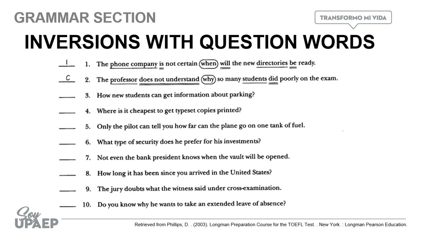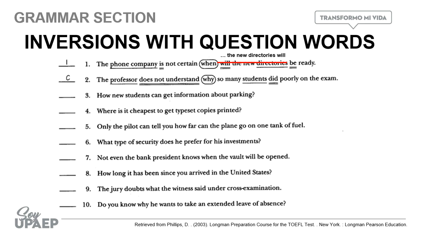And the question again is there a clause before the question word? Yes, it is. The clause is the phone company is not certain. So in that case, we don't need an inversion. We need the normal order, subject and verb. So the sentence is incorrect because it has to be the phone company is not certain when the new directories will be ready.